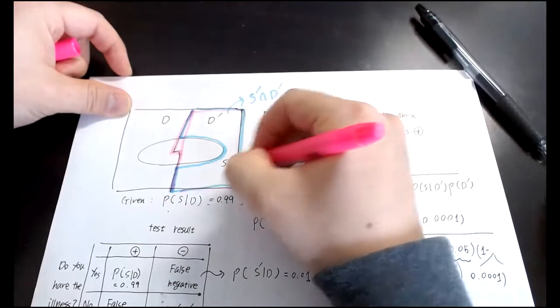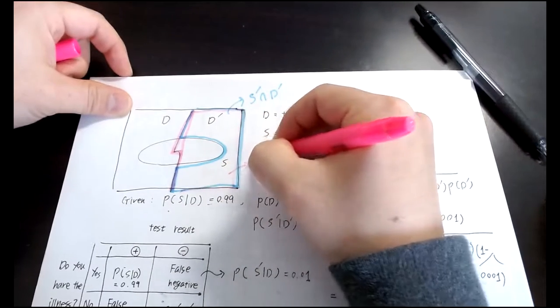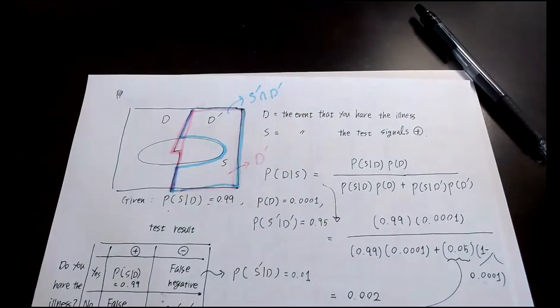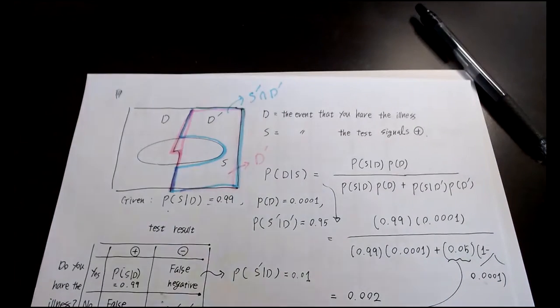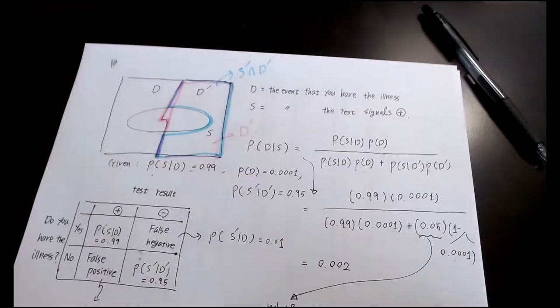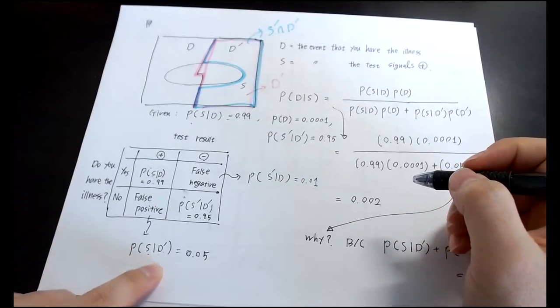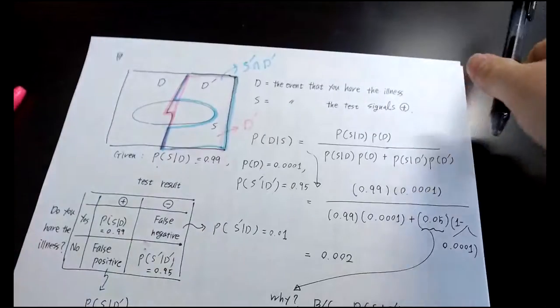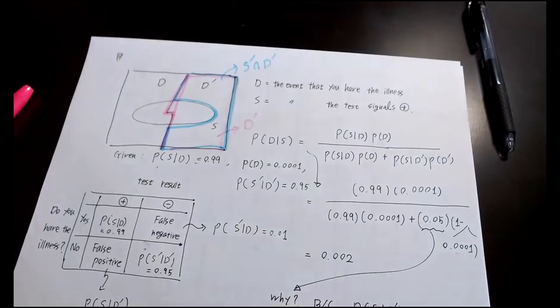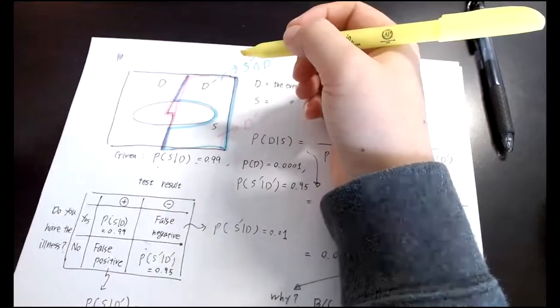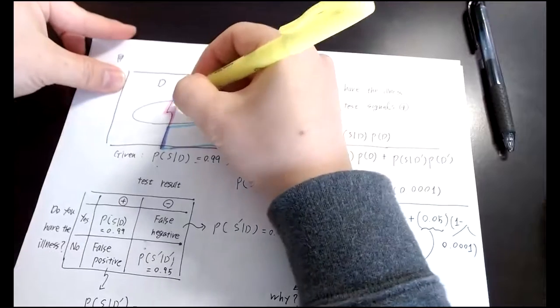That's the D prime, right? So what about the conditional probability S given D prime? We have to calculate the number of outcomes in S intersection D prime, which is here.